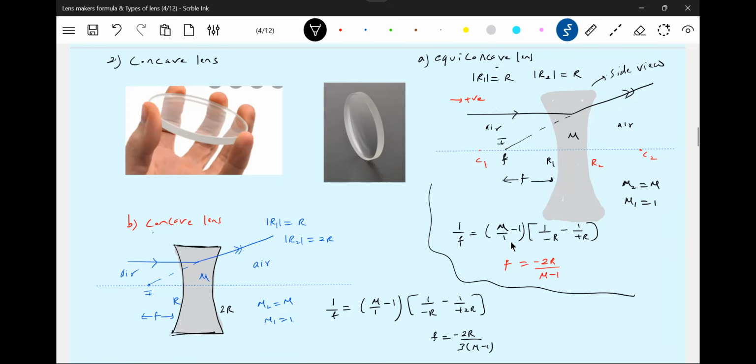Just a concave lens means the radii will be different. Equiconcave means the radii of the surfaces will be the same. Okay, able to understand now? What you are seeing is a side view. Practically it will be like this.